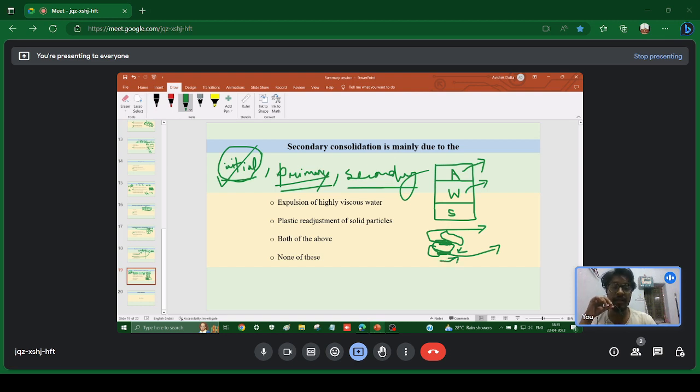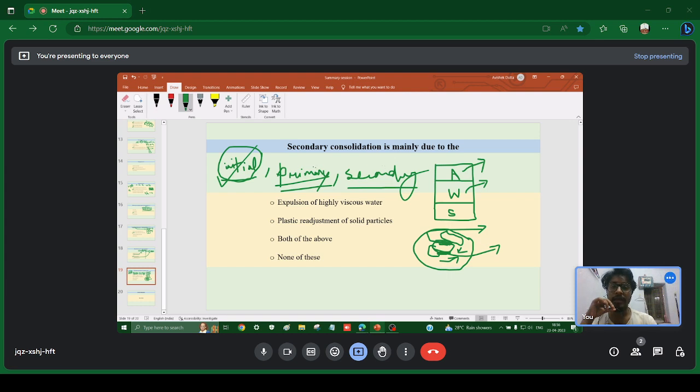This arrangement is going to be permanent, because even if you remove the force, these particles will not come back to their original place, because the water has already been expelled out. So this readjustment of the particles is plastic and not elastic. It is a permanent deformation or displacement of these soil particles on the expelling out of the viscous water between them.